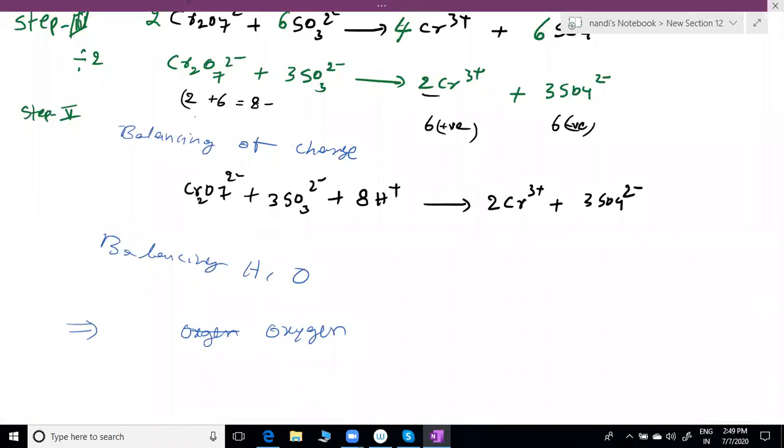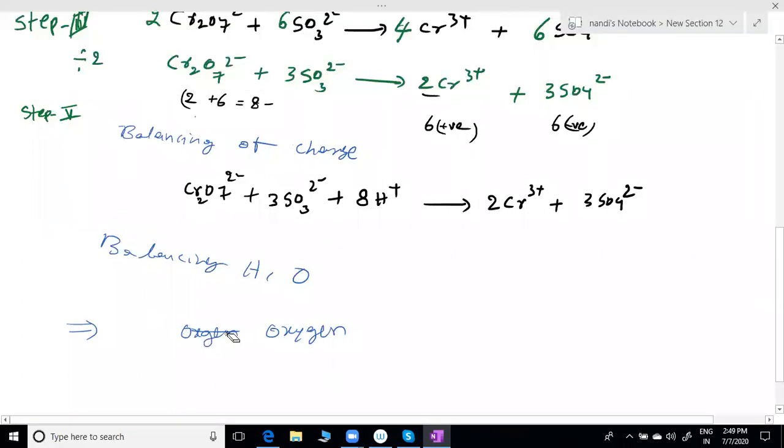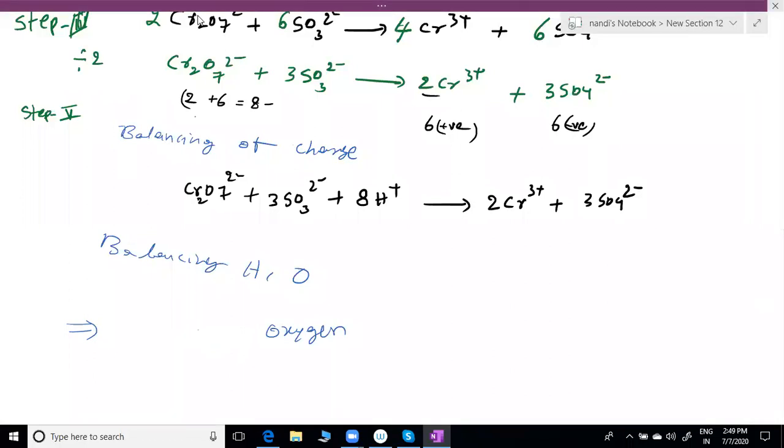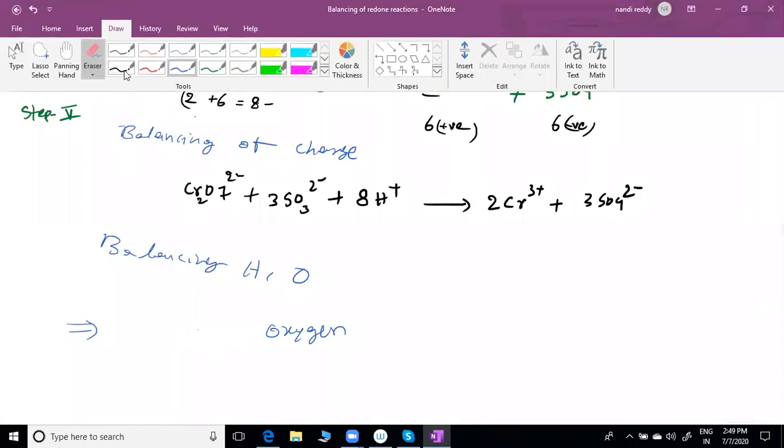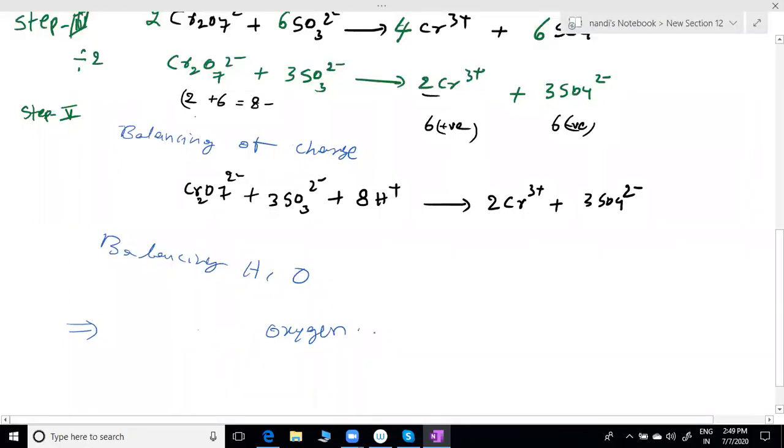As many oxygens as are less, that many water molecules you can add. Here how many oxygens can you count? 7, and 3 into 3, how much? 9. So total 16 oxygen atoms are there.